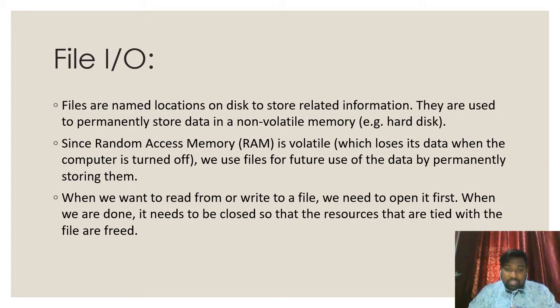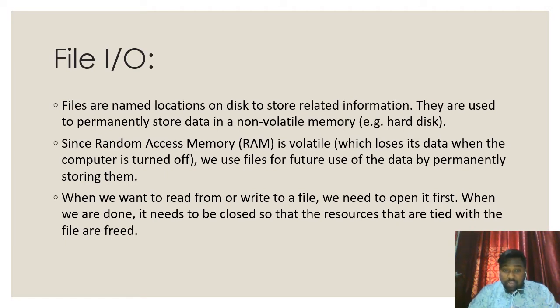Since random access memory is volatile, which loses its data when the computer is turned off, we use files for future use of the data by permanently storing them. Why are we storing? Because whenever the computer is switched off, the data will be lost. So to avoid such things, we keep the files as a record or output for future purpose.